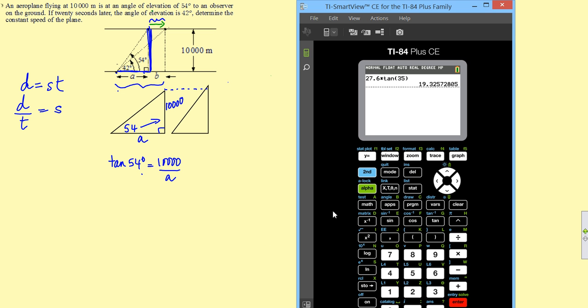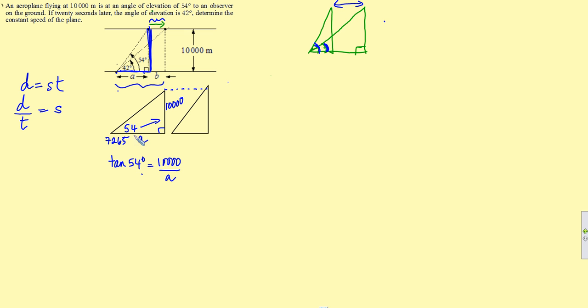With my calculator, 10,000 divided by the tangent of 54 should tell me that my distance A is 7,265. So A is equal to 10,000 divided by tan of 54, which is 7,265. And we're going to say meters. Okay, so that's the first piece of information that we have.